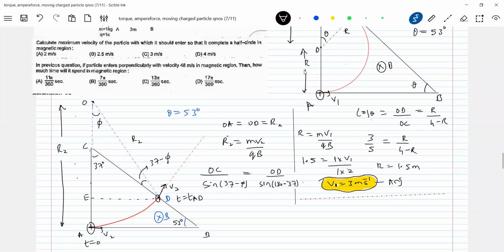So what is OC? We can write OA is equal to CA plus OC. Substitute that and solve, you'll get angle phi.